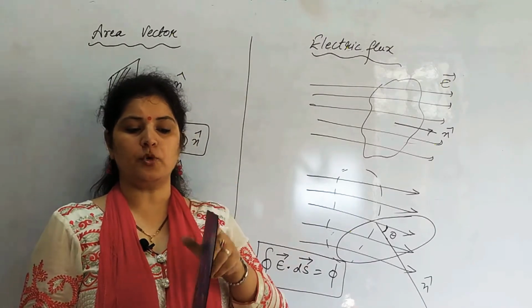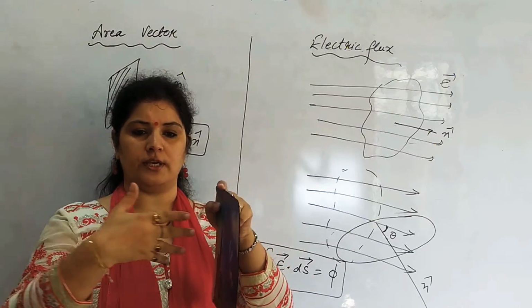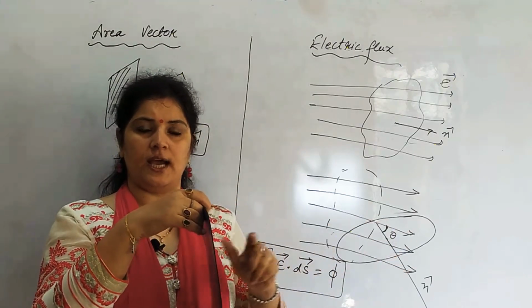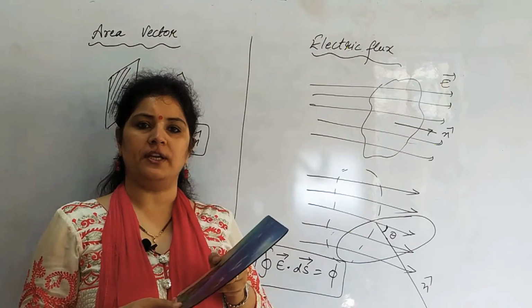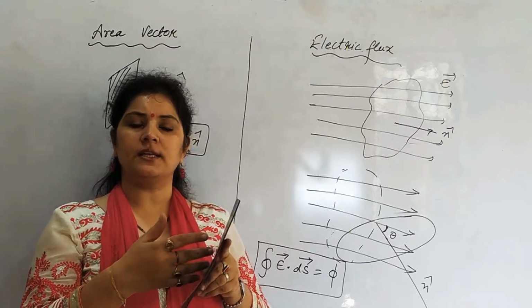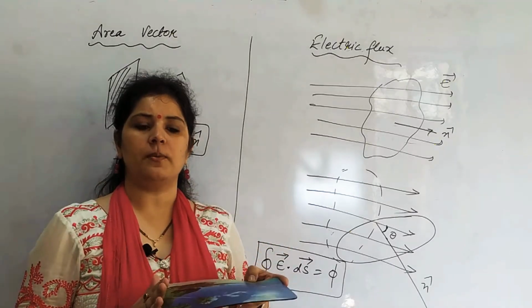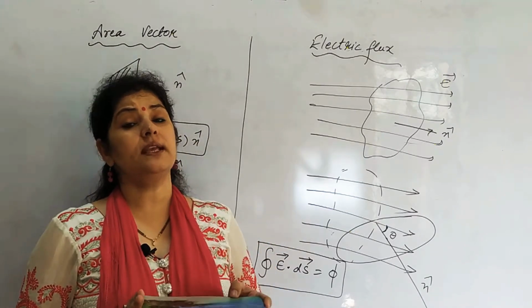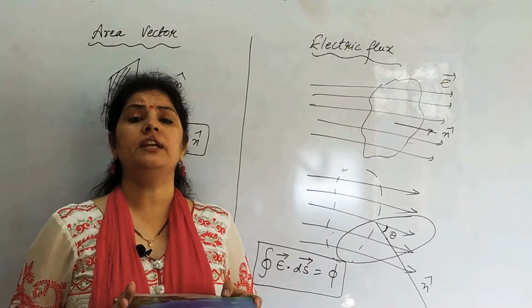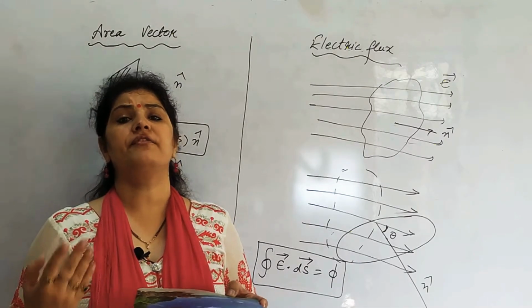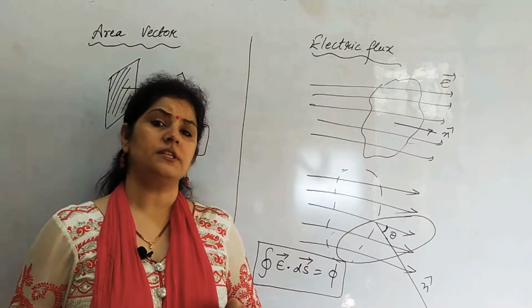Now say suppose 100 electric field lines were crossing through this area, and I have changed it to 45 degree. Now only 50 are passing. Now I have changed it to 90 degree. Now hardly 1 or 2 electric field lines will pass through this area. So we say that in physics also we need to treat area as a vector quantity in some situations.